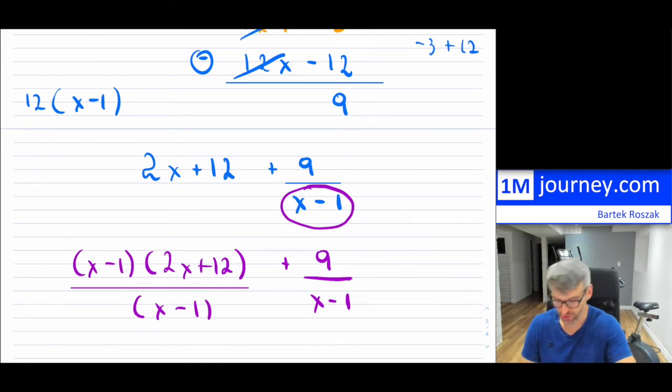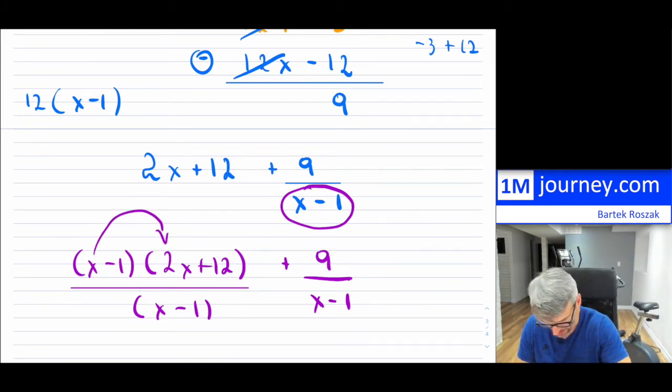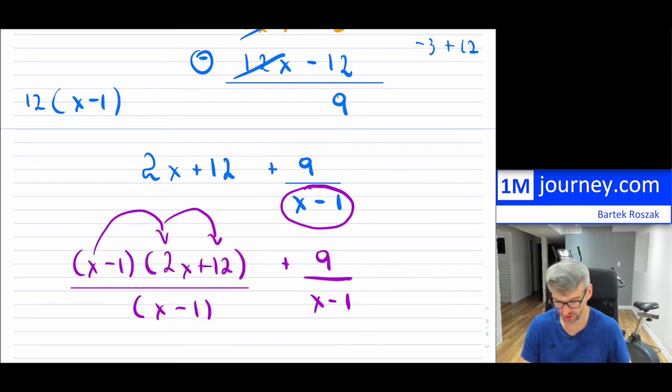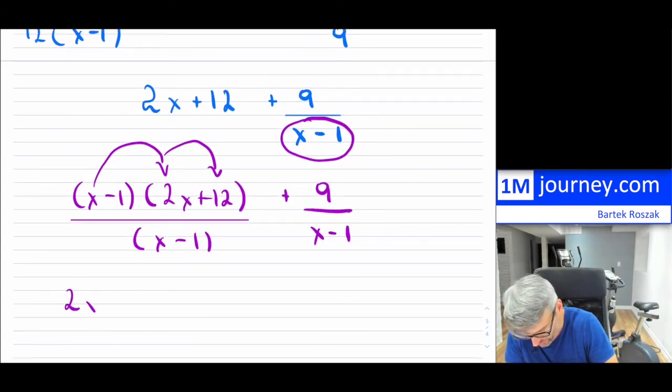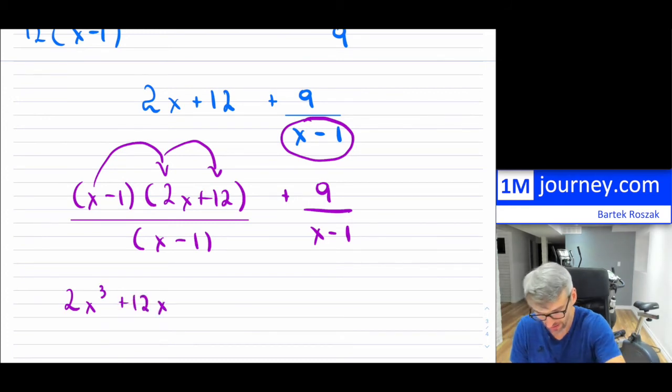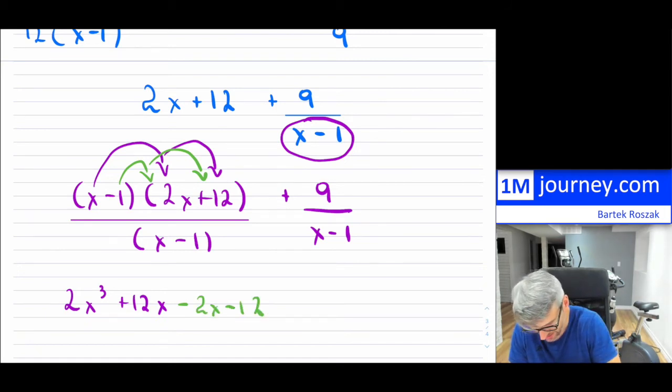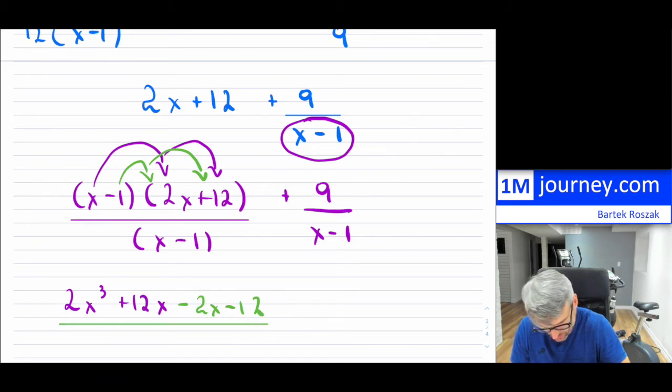And now distributing this across, so I'm going to have to distribute this across first, on top there, which is going to give me 2x cubed plus 12x. Now next, you're going to distribute this across, which is going to give you minus 2x minus 12. All right, so that's in the numerator. It's going to be plus 9.